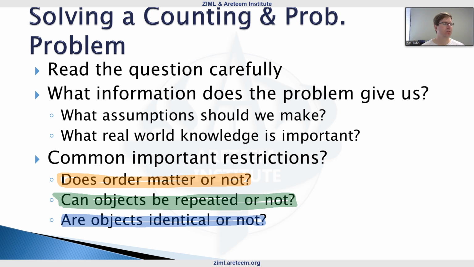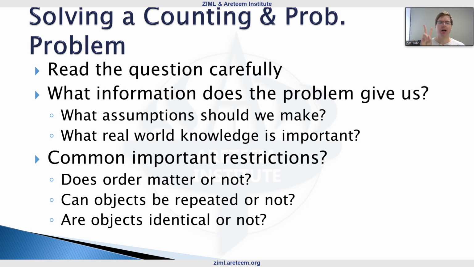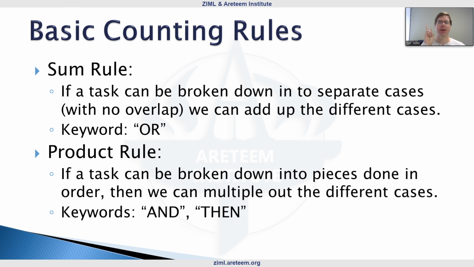Okay, so what are our two main rules? Actually all of counting comes from two very, very basic rules, right? These are asking and answering two very important questions. When do we add? That is one important question, of course. And then, when do we multiply?